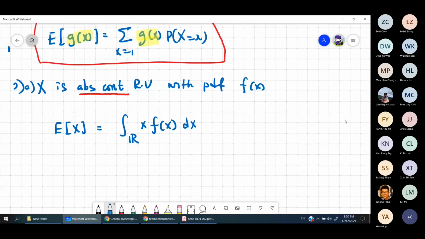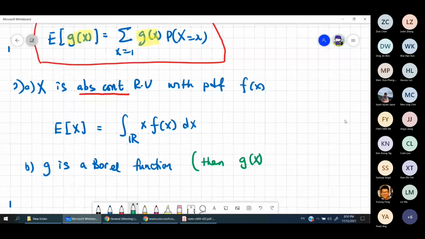Likewise, if g is a Borel function, this simply implies that g(X) is also a random variable on omega.